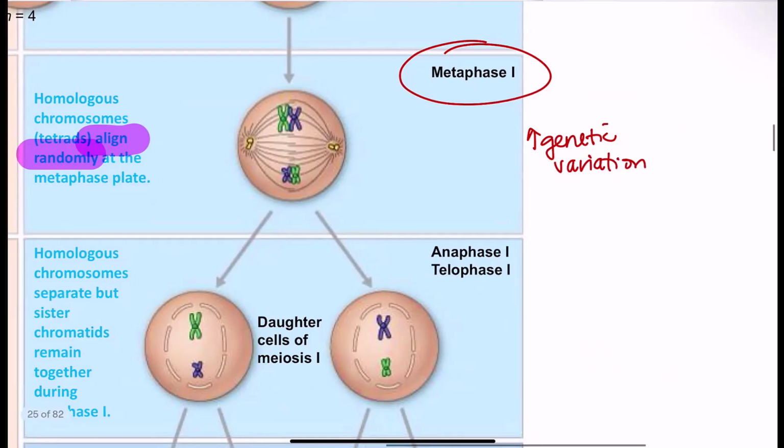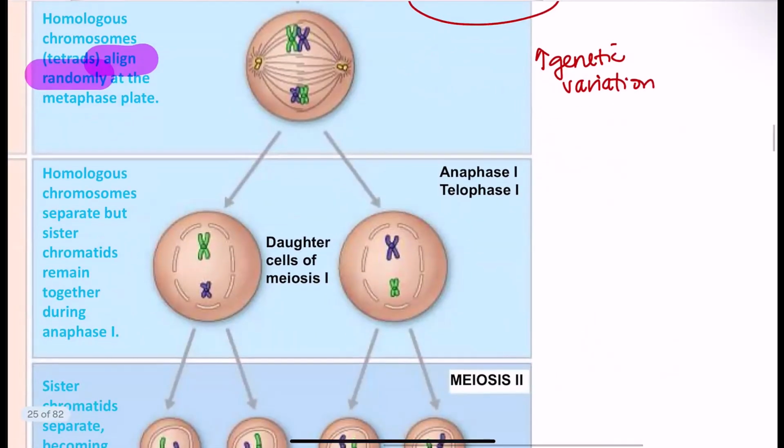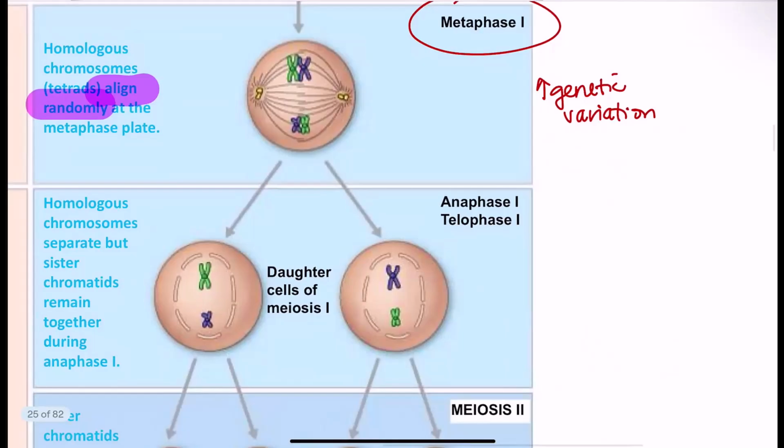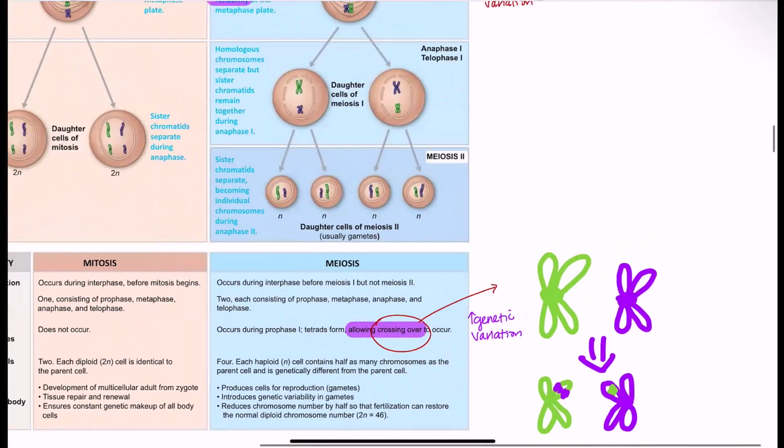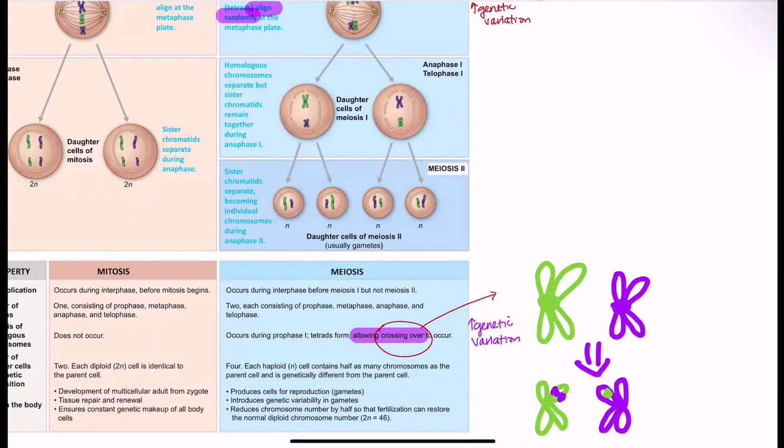The reason for this is that when metaphase 1 is completed, notice how this haploid cell has one purple from the top and one green from the bottom. And then the flip side is true of the other one. So that means that we each get a different combination, and again, purple is from mom, green is from dad, or whatever. So that helps increase our genetic variation.